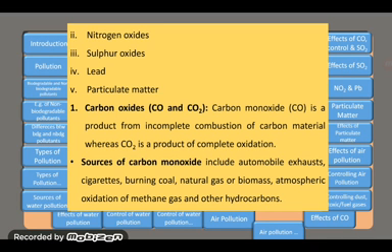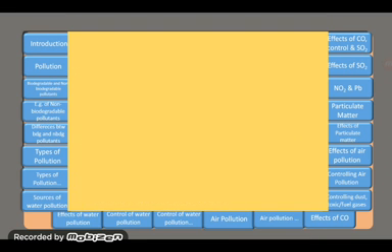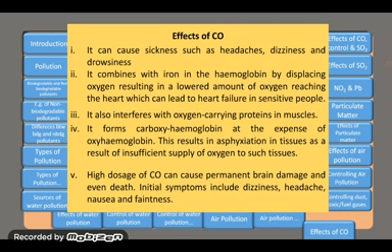Let's see sources of carbon monoxide. We can have carbon monoxide from automobile exhaust, from cigarettes, from burning coal, natural gas or biogas, from atmospheric oxidation of methane gas, and other hydrocarbons. All these are the various sources of carbon monoxide. Now, what are the effects of carbon monoxide?